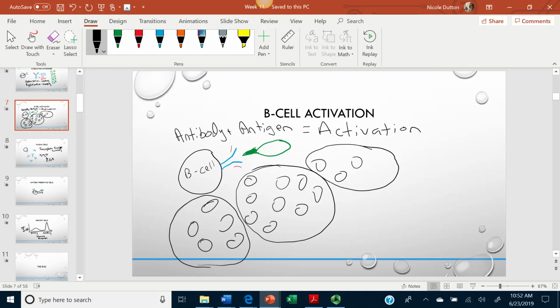This B cell is going to start dividing like crazy, and it makes many, many copies. Some of those copies are going to become plasma cells, some are going to become antigen-presenting cells, and some become memory cells. There are other cells they can turn into, like cells that regulate immune responses, but we're going to focus on these for this class.